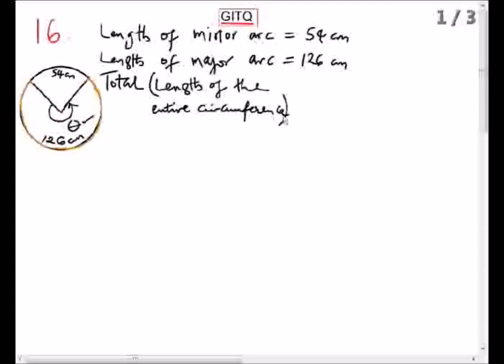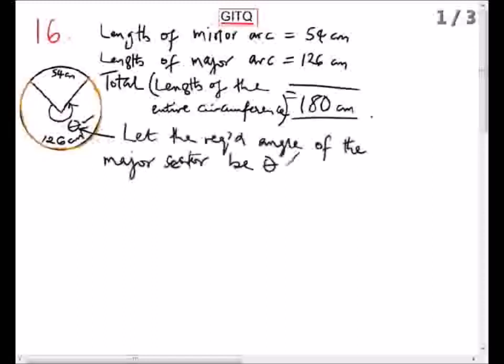Therefore, we can claim that the sum of these two arcs equals the circumference of the circle, and this is 180 centimeters. As we have said, if theta is the angle subtended at the center of the circle by the major arc, then the ratio of this angle theta to the angle of the entire circle, that is 360 degrees, should be equal to the ratio of the length 126 centimeters of the arc to the length 180 centimeters of the entire circle.